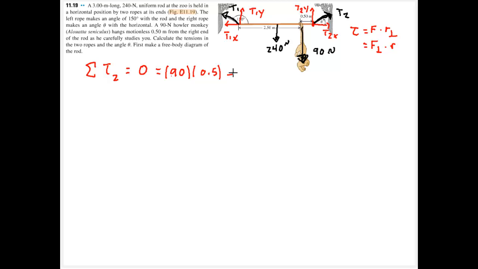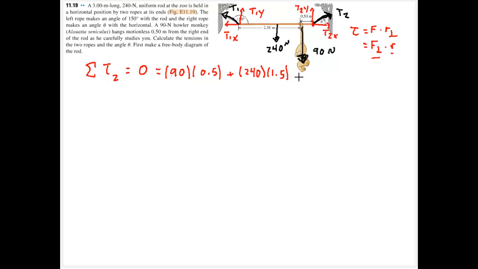Then I'm going to have my weight, my 240 newtons, that's going to be my force. I know it acts in the center of the rod, and the rod is 3 meters long, so it's going to act at 1.5 meters.